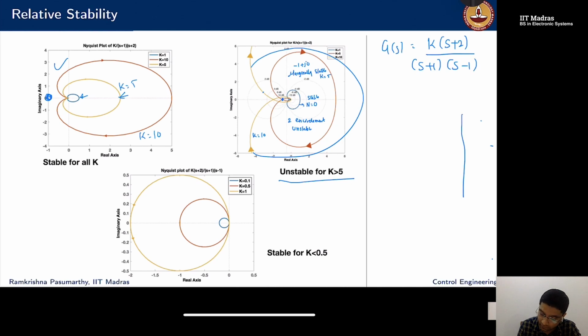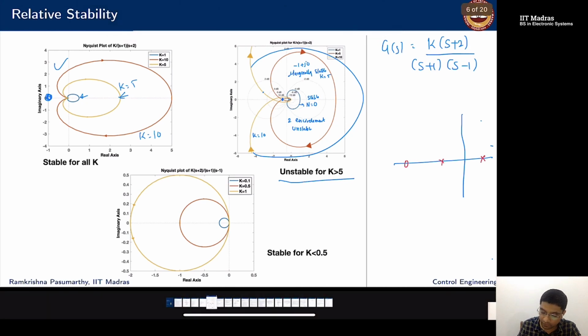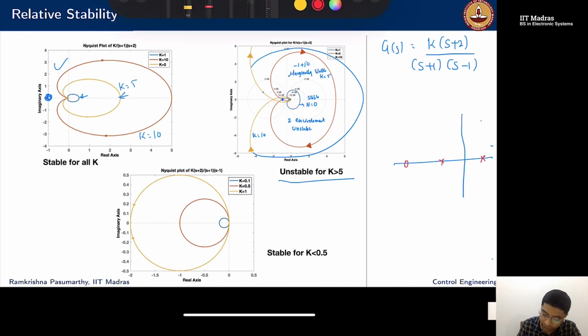If I draw the poles and zeros, I have a zero at s equal to -2, a pole at s equal to 1, and a pole at s equal to -1. For k equal to 0, the poles are at plus and minus 1 and the system is unstable.